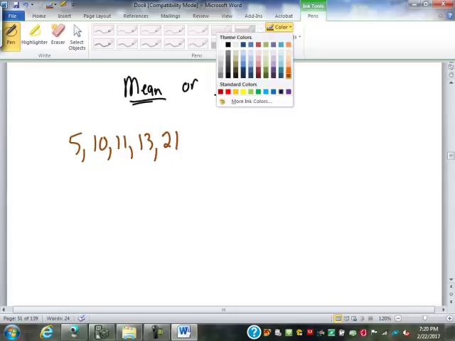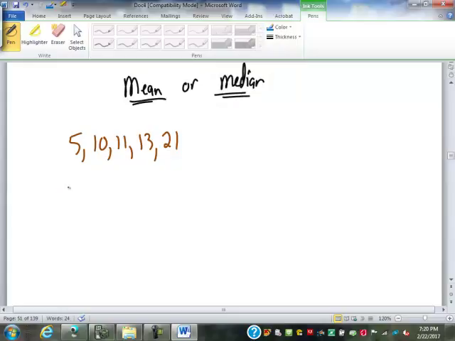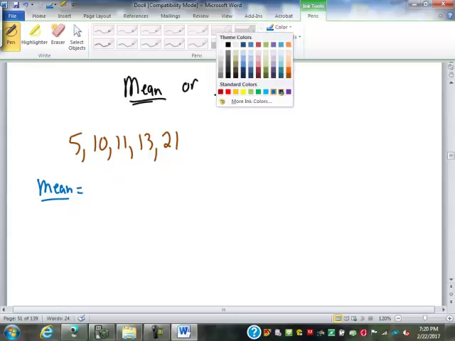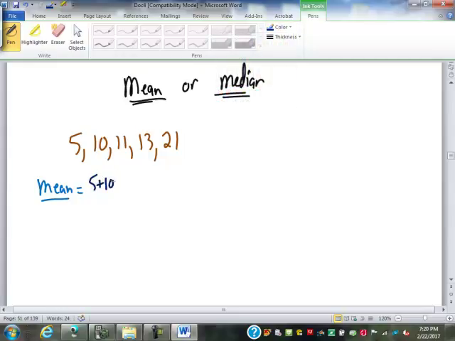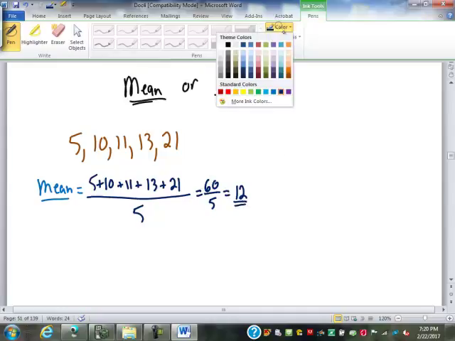So in this set of numbers, 5, 10, 11, 13, 21, the mean is found by adding them up. So 5 plus 10 is 15, plus 11 is 26, plus 13 is 39, plus 21 is 60. 60 divided by 5 gives me 12. So I have a mean of 12.